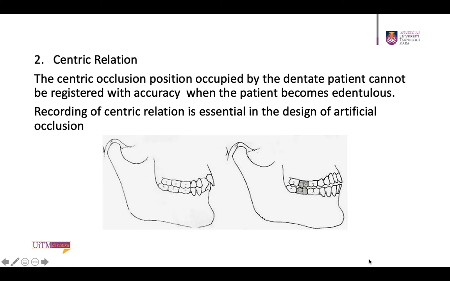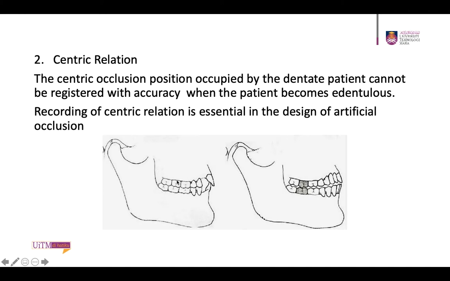The second sequelae of tooth loss is we will talk about centric relation. Okay, when a patient is dentate, especially when they still keep their posterior teeth, the position of their bite can always be registered.